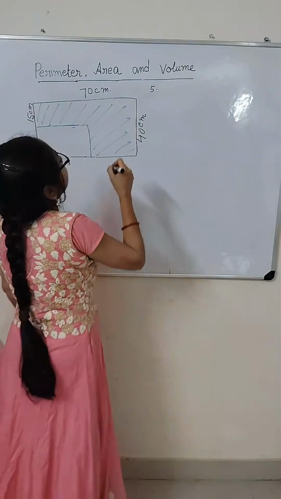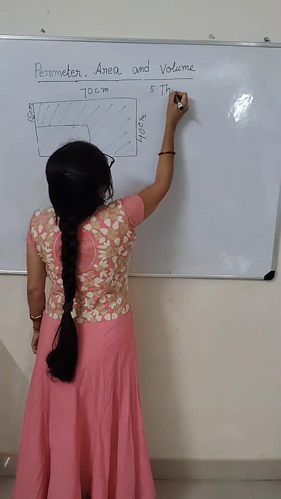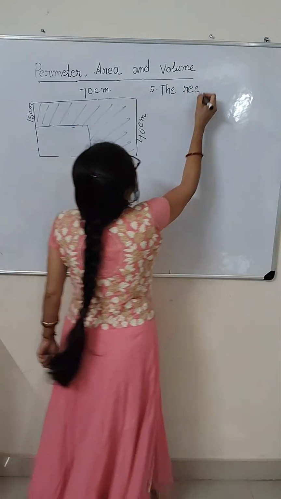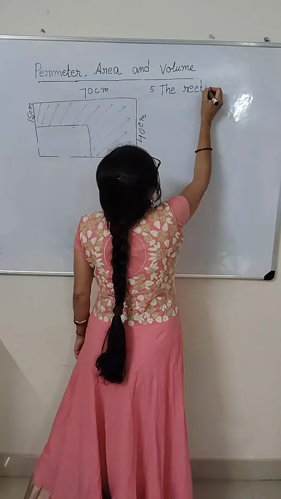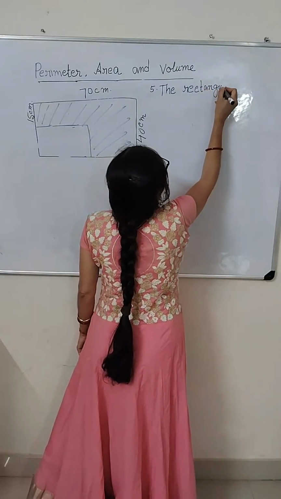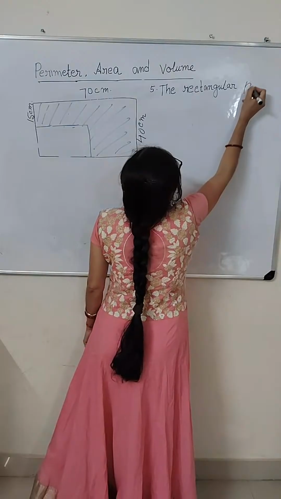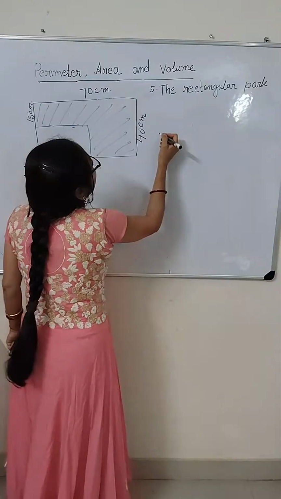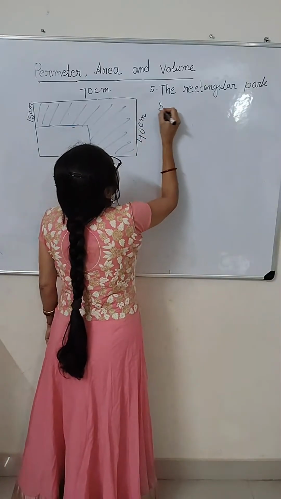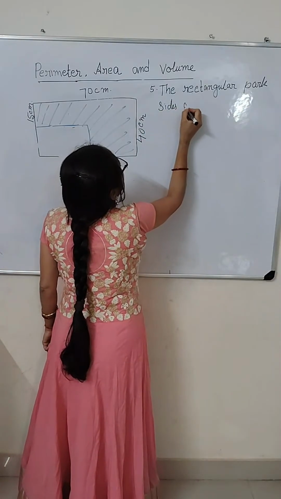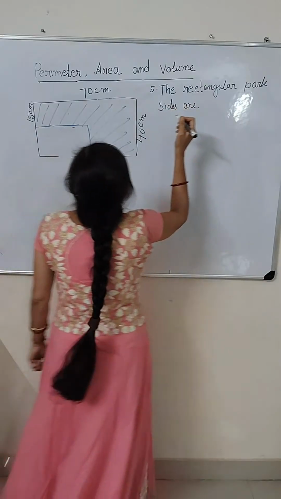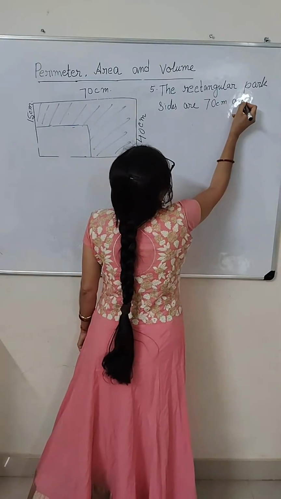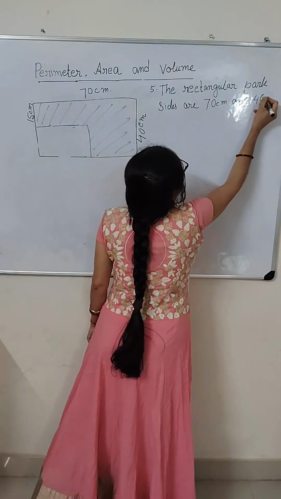Number one: the rectangular part sides are 70 centimeter and 40 centimeter.